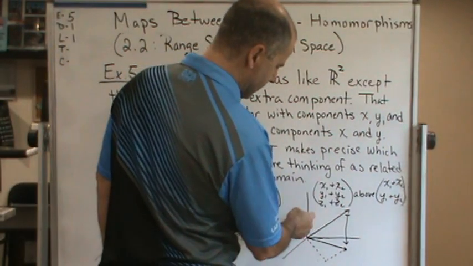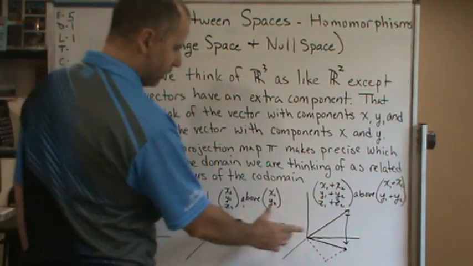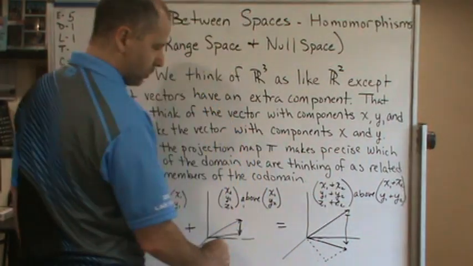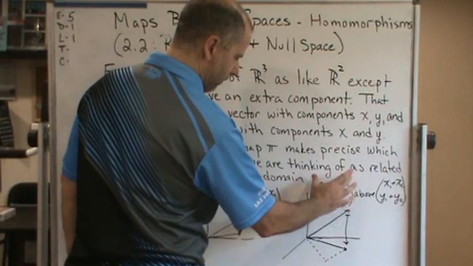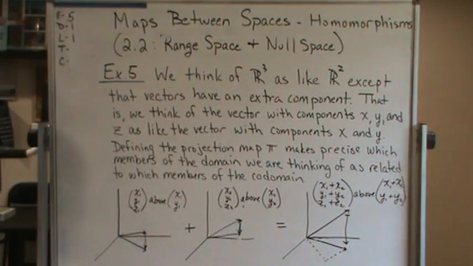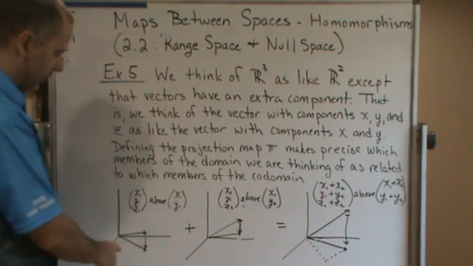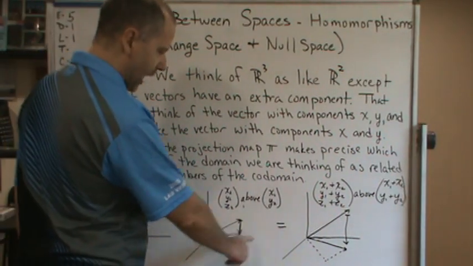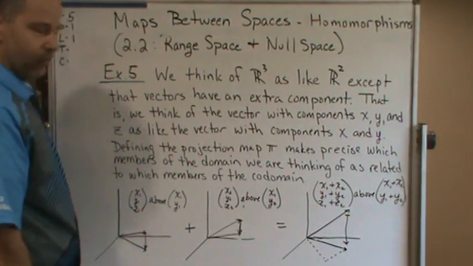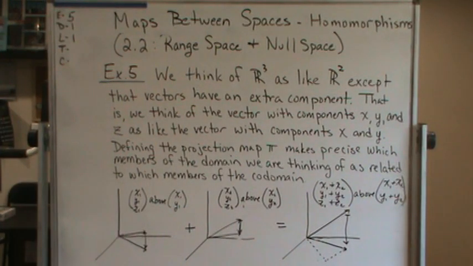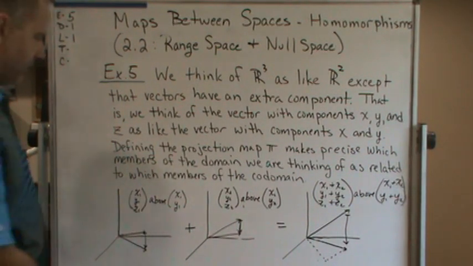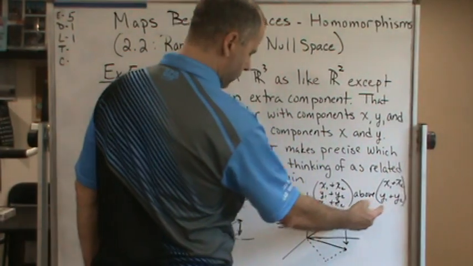And then this one is the addition of these two. So what this is showing is that addition is preserved, because if we add up the vectors in 3-space, it is analogous to adding up their shadows. You're not going to get the exact same thing, obviously, it's 2-space, but the addition is preserved.